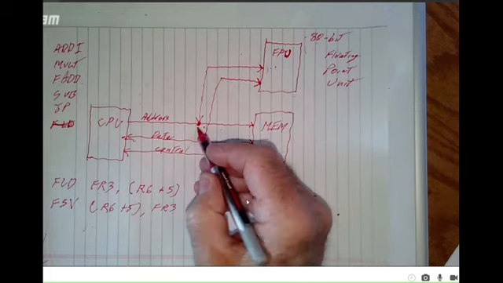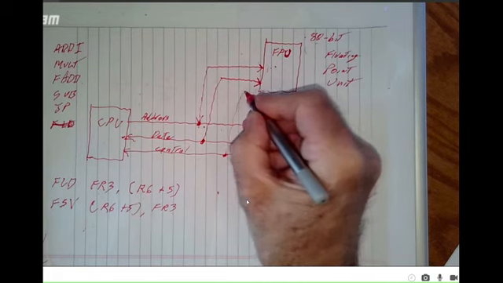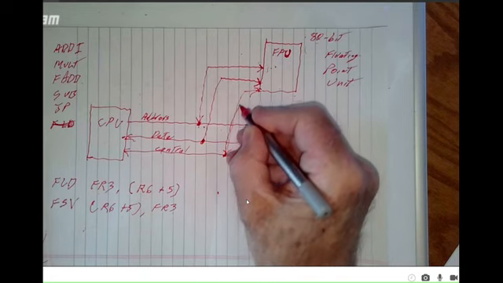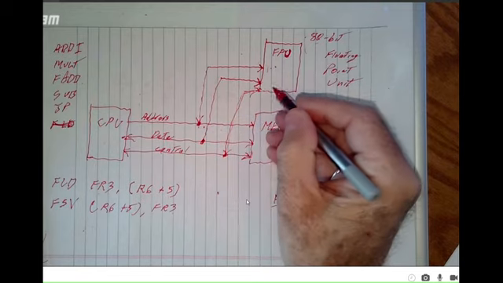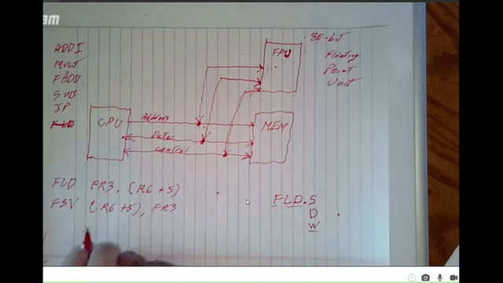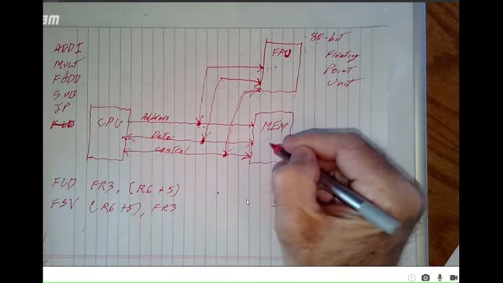So it drives the address bus. It tells memory via the control bus that this is a write. Here's the address, it's a write. The floating point unit can put data onto the data bus. Memory is told to latch the data.